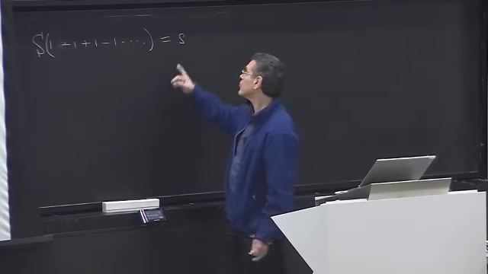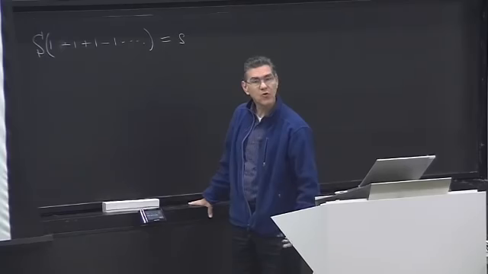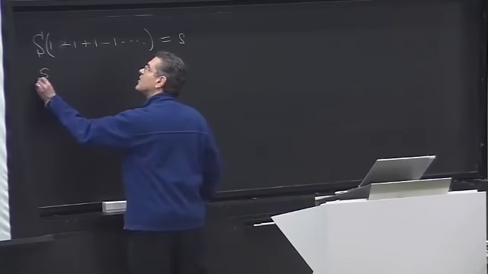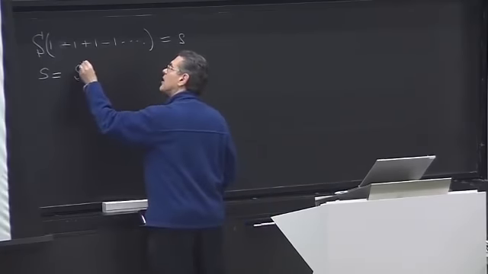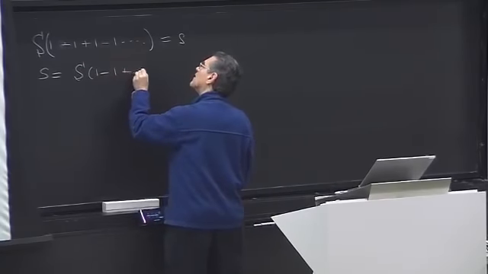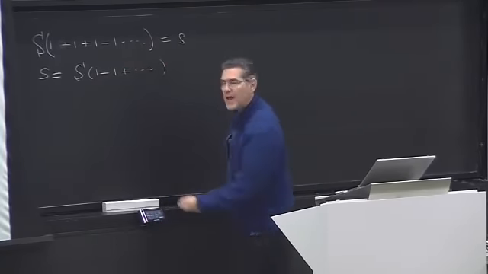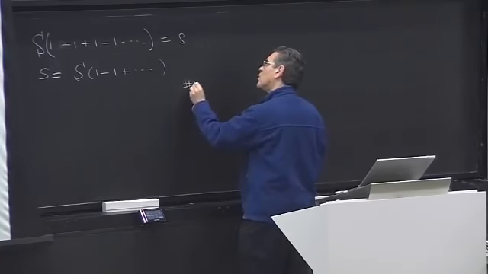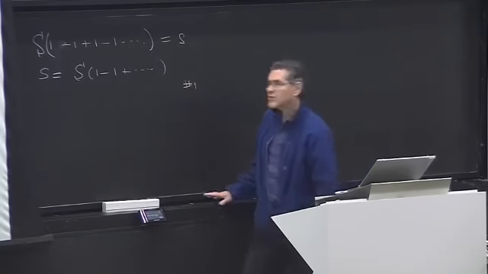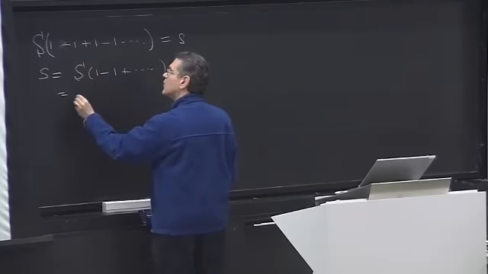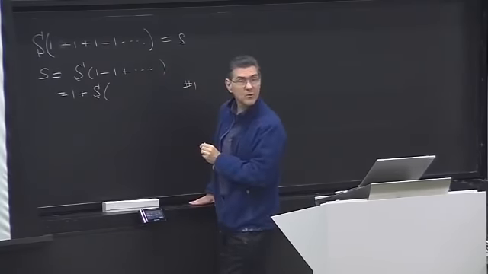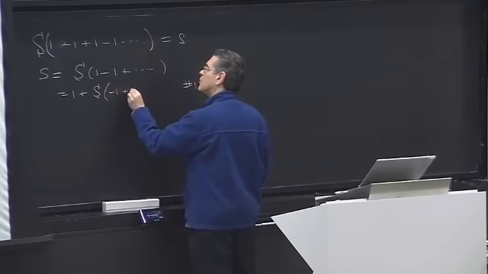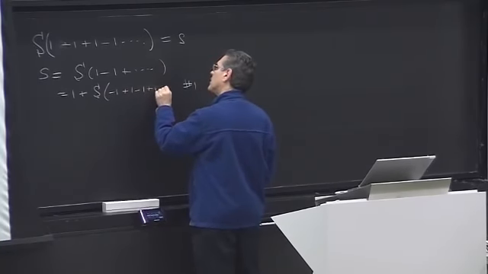So the answer is called S. So you know what I'm going to do. S is equal to this. Okay, it's equal to the sum of 1 minus 1 plus 1. But now, by axiom number 1, this is the same thing as 1 plus the sum of all the remaining terms in the series. Minus 1 plus 1 minus 1 plus 1, and so on.